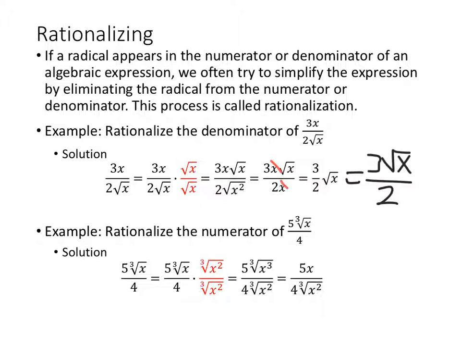Notice that if the denominator has a radical and I rationalize the denominator, my numerator is going to end up with a radical. If I rationalize the numerator, generally my denominator ends up with a radical. So it depends on what we're doing, why we rationalize one or the other.